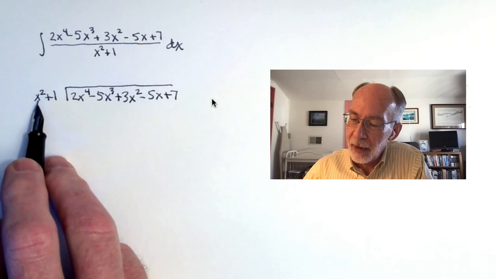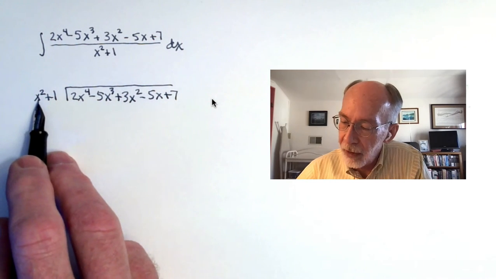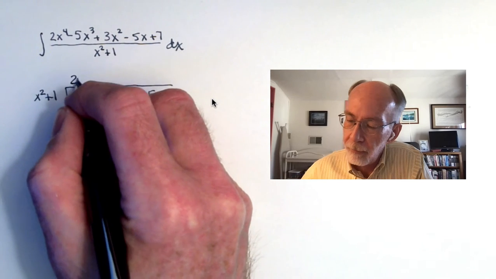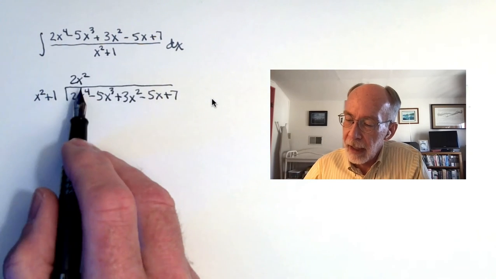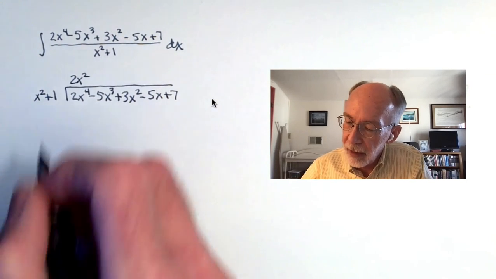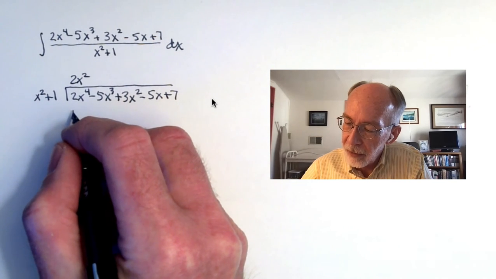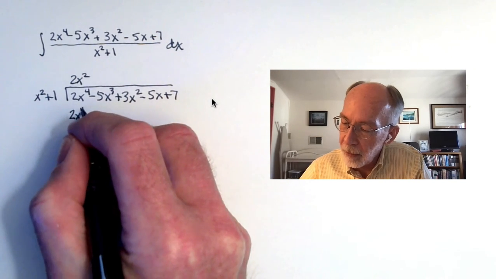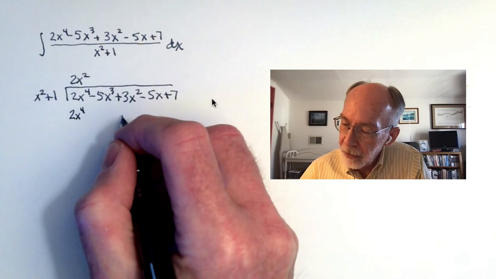If I divide 2x to the fourth by x squared, I get 2x squared. And if I multiply around, 2x squared times x squared is 2x to the fourth. 2x squared times 1 is 2x squared.